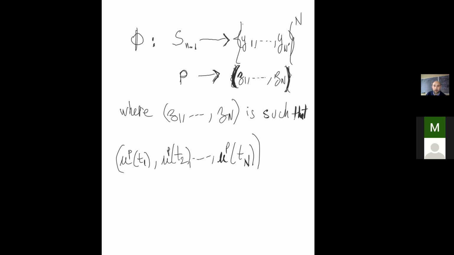In fact, I'm working with the general F, all right? So here, up of t1 belongs to F, but F is covered by a finite number of balls, which means that up of t1 belongs to one of those balls. And the same for t2, and the same for up of t2, and the same for up of tn.